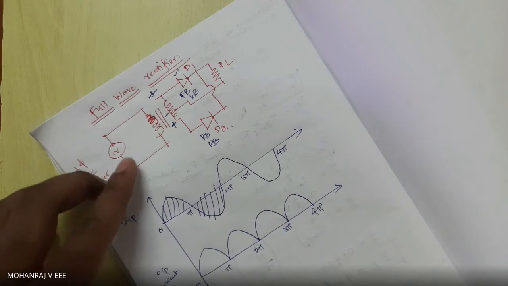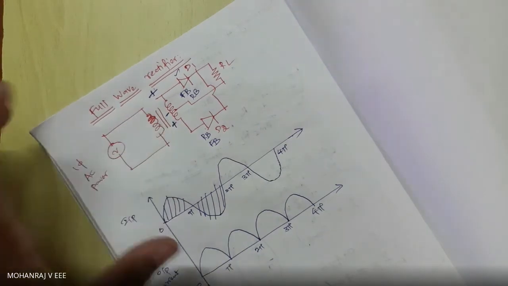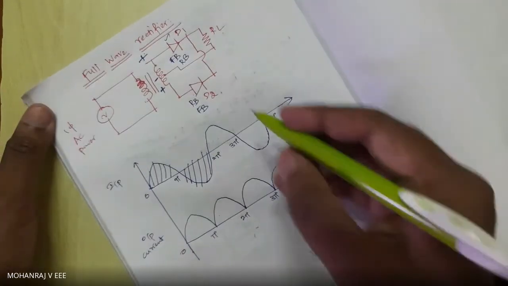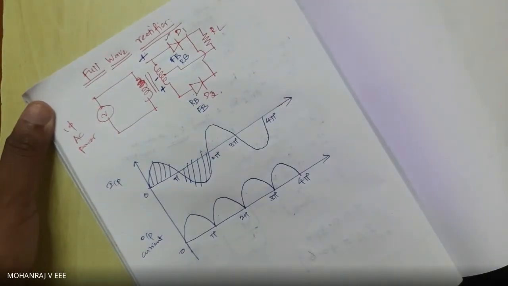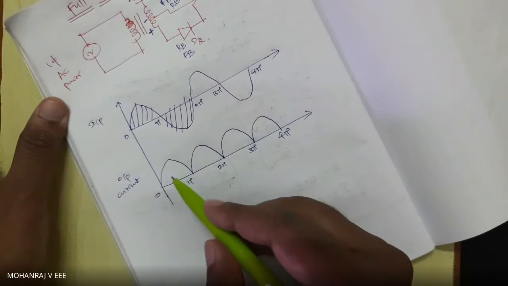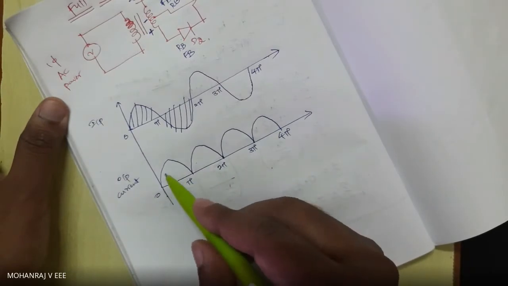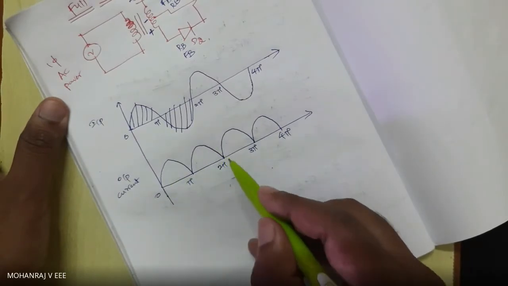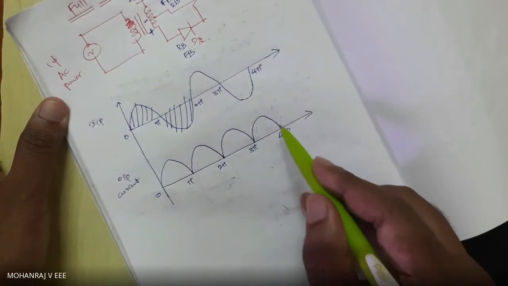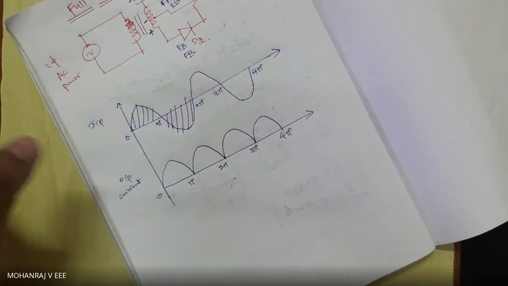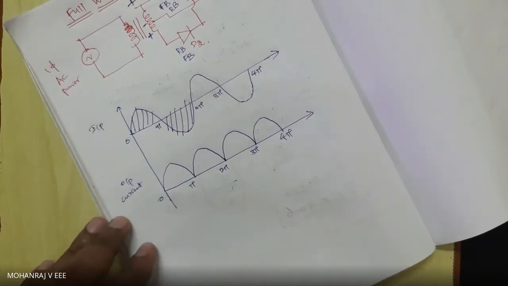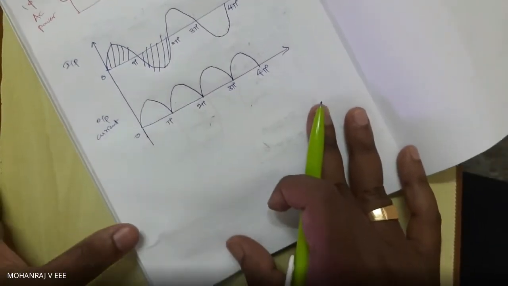So for both the half cycles, positive and negative, in my load, the current direction is unidirectional. The current is unidirectional. So that is my output current.